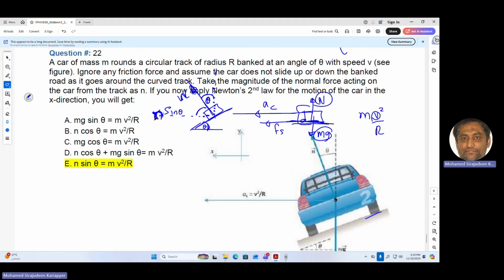Why? Because when the angle is with the x-axis, it is cosine theta along the x-axis and sine theta along the y-axis. But now theta is the angle with the y-axis. So the y component is cosine theta, the x component is sine theta. So that should not bother you now.